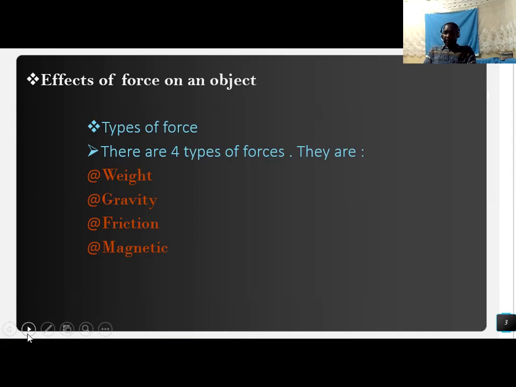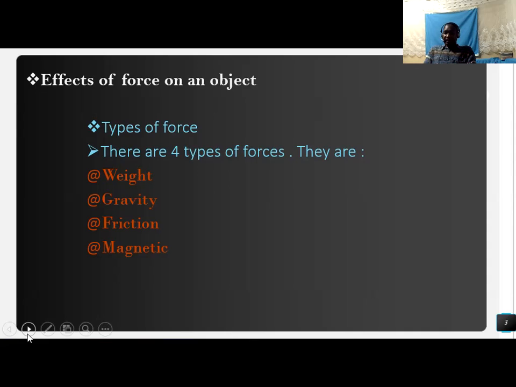Pupils, if you collect stones or objects of different masses and drop them from the same height at the same time, you will observe which object hits the ground first.